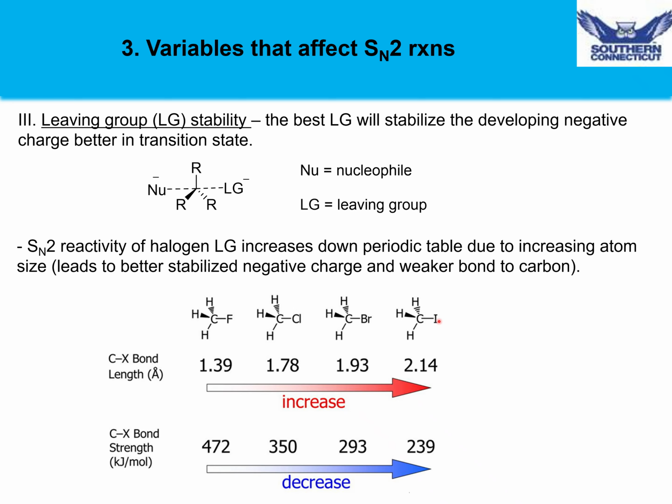Also, it is a weaker bond because it's a larger atom, which leads to the reaction being faster, since the nucleophile would have an easier time breaking the carbon to iodine bond compared to the carbon to fluorine bond.